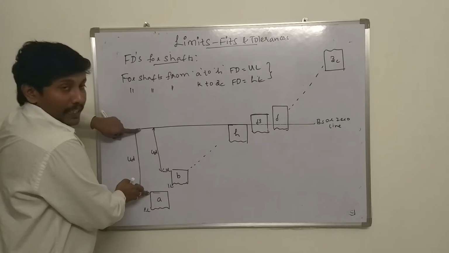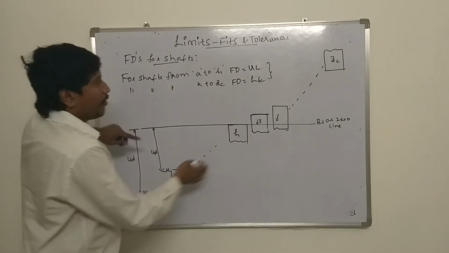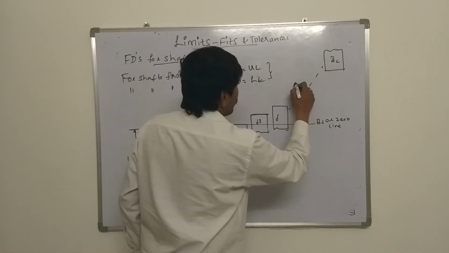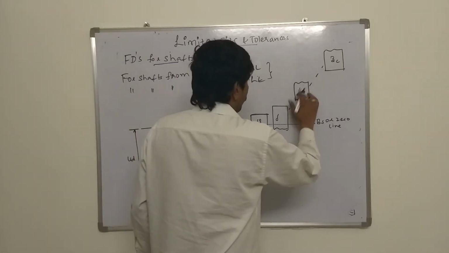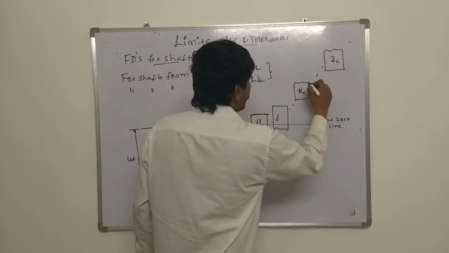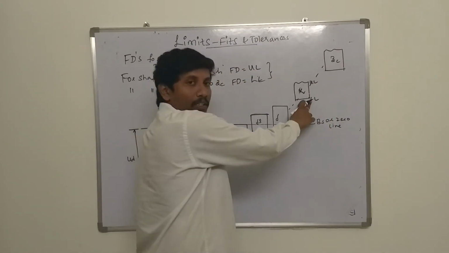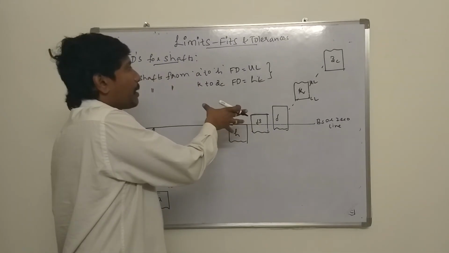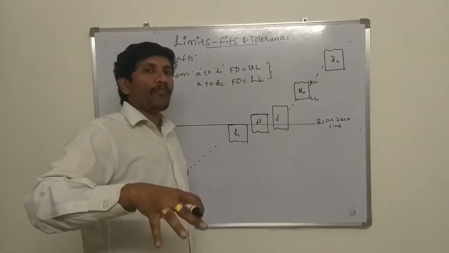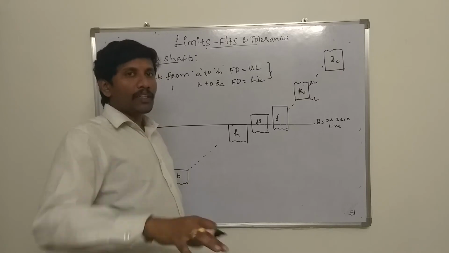Because this limit is nearer to the basic size or zero line. If you take the small k shaft, this is the lower limit, this is the upper limit, and the lower limit is nearer to the zero line. So this is the representation of the 25 fundamental deviations for shafts.